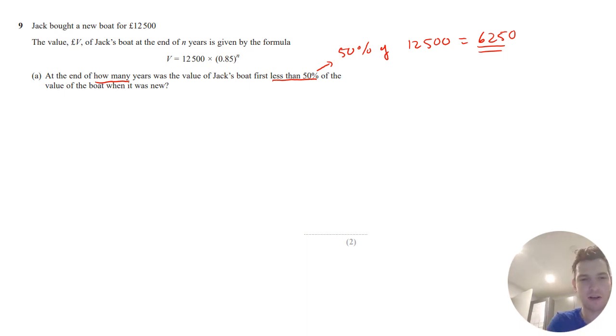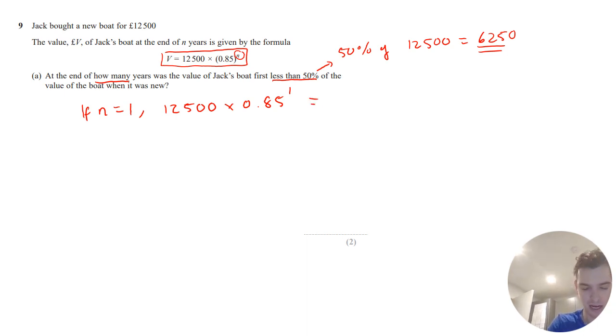Okay, so what do I do? So let's have a look at this formula where n is the number of years. So if n is 1, that is after 1 year, the value is going to be 12,500 times 0.85 to the power of 1. In your calculator, you get 10,625.